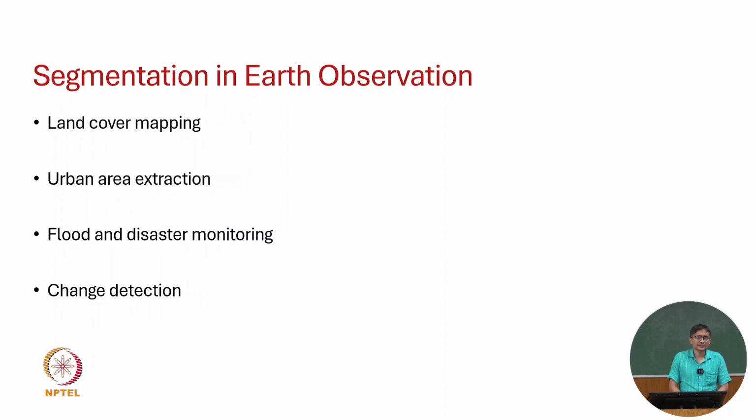We'll be discussing change detection in much more detail later in this course. However, at this point in time, it's important to understand that change detection is also in a way a semantic segmentation problem.